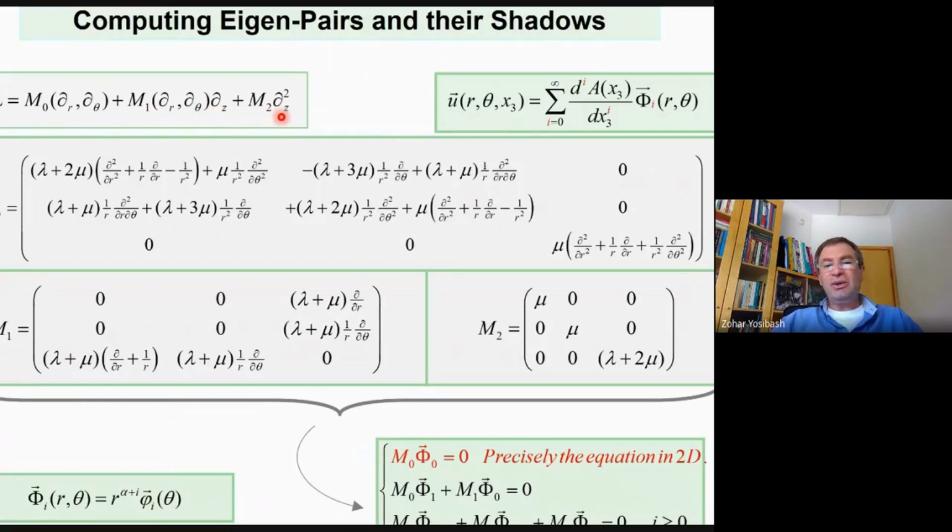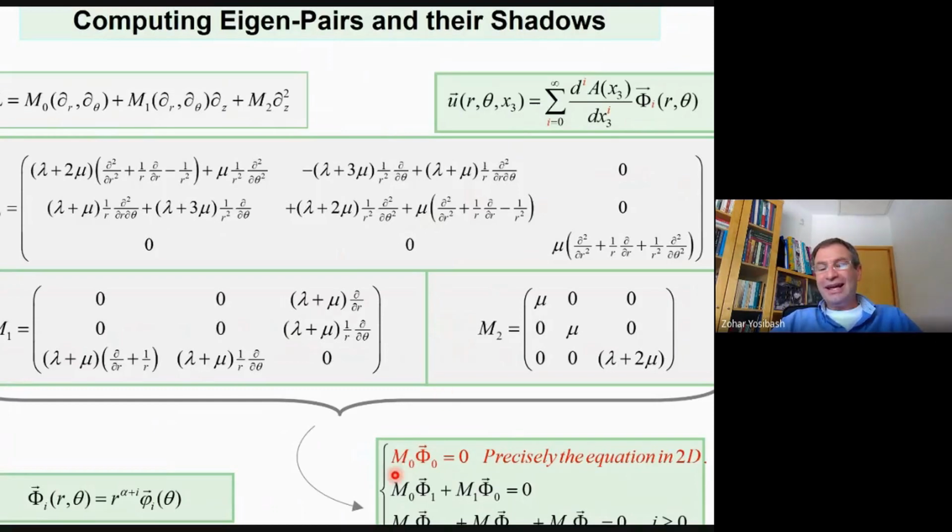And since I know what happens for the Laplace equation, I say the same thing. Let us take an infinite number of terms for each 2D eigenfunction. Then there will also be an infinite number of shadows. This is how m0, m1, and m2 look like for the elasticity system.